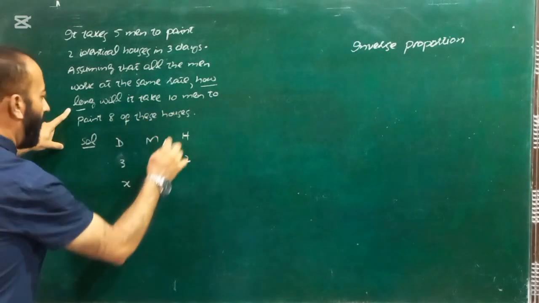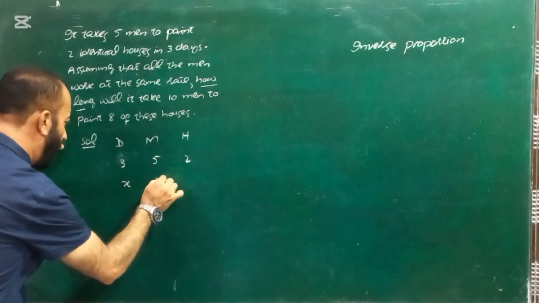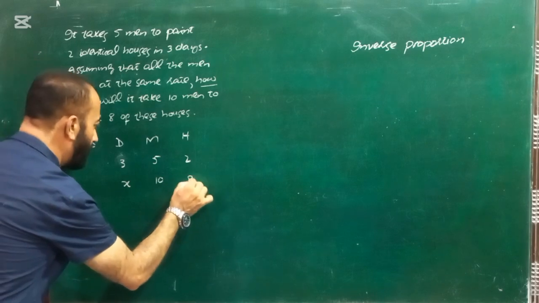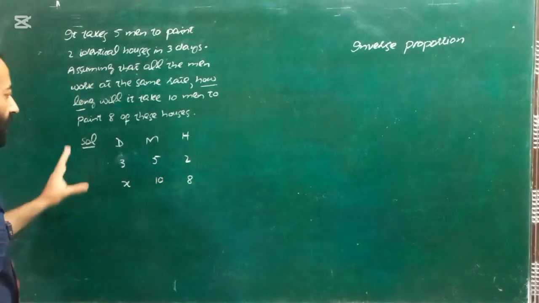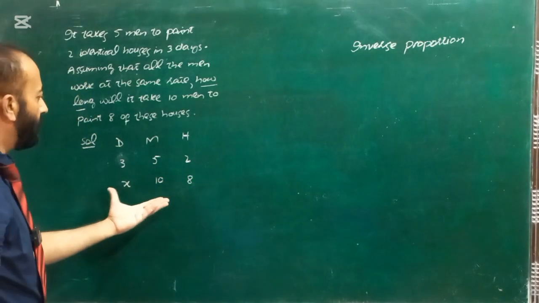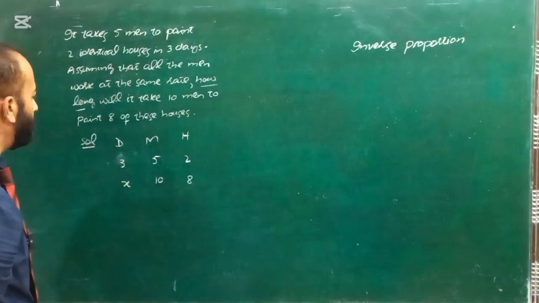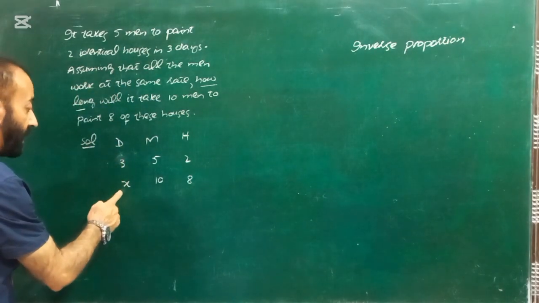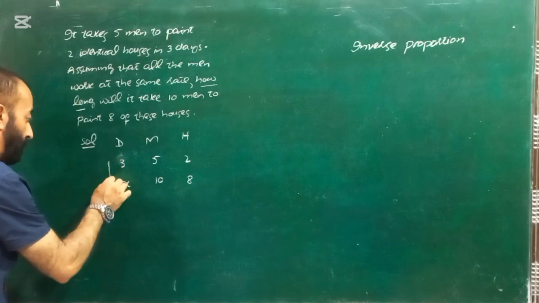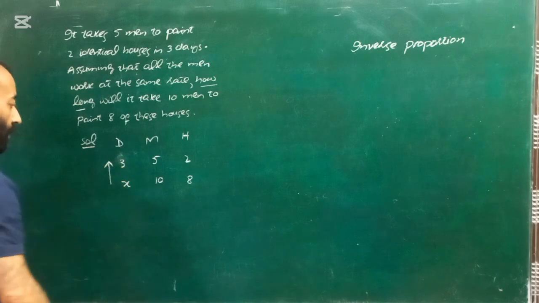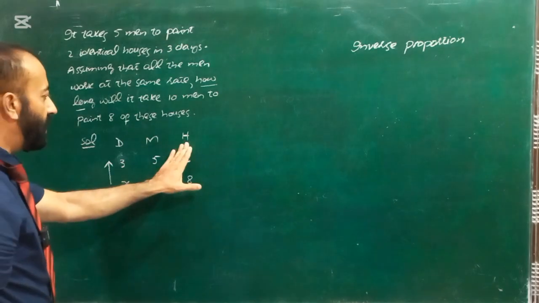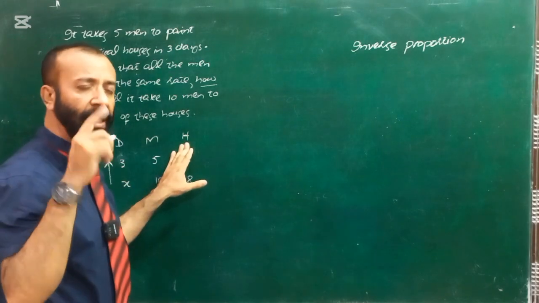Will it take 10 men to paint 8 of these houses? So this is the method, in the first step, to write the values. The thing in which X is coming, you will always put an upward arrow. Now you will cover this and assume the thing is the same.